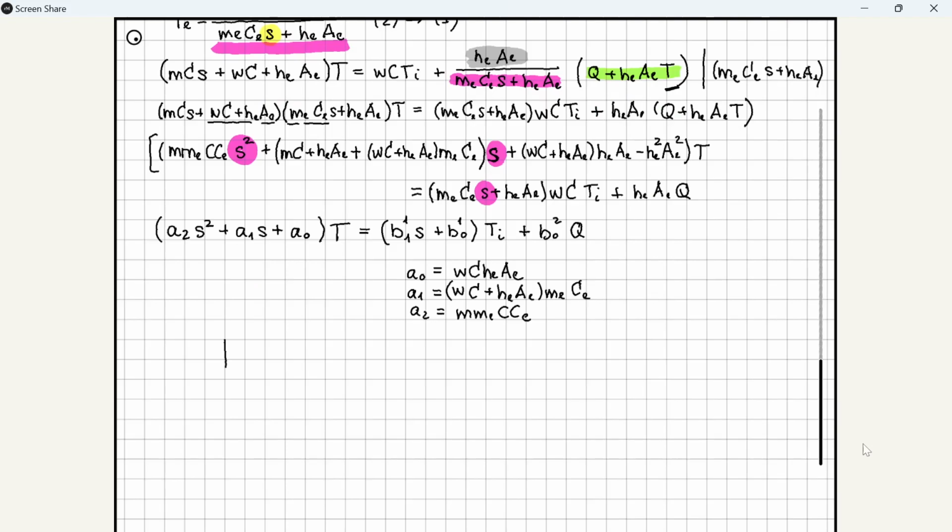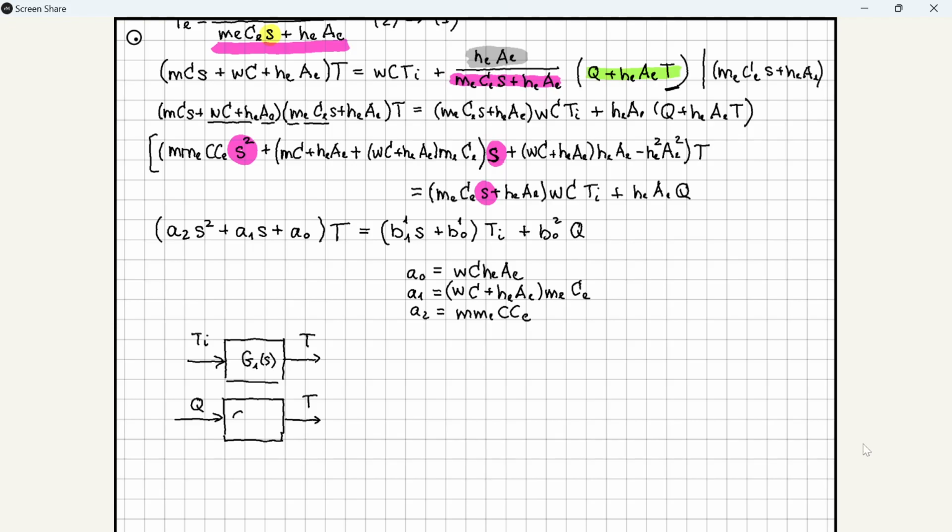So we have our process, we have T as the output, and we have two possible inputs, and the one input is Ti, and the other input is Q. So what we would like to do is now to see the two separately, and we call this G1 of S. This is the first transfer function and the second transfer function.